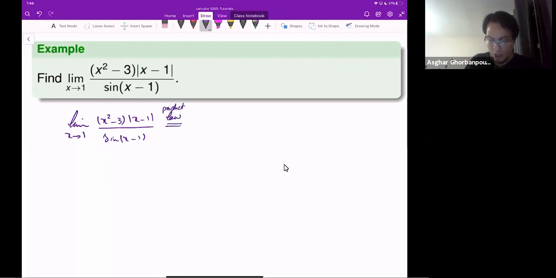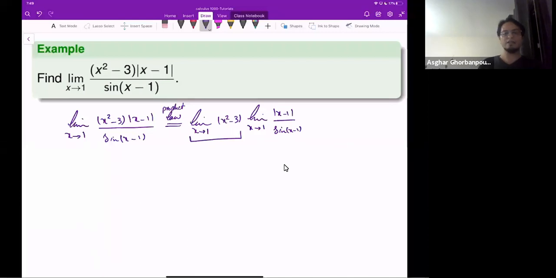hoping that this second piece also has a limit. I don't know, but I'm hoping that it will, then I can do this. Why am I separating this piece here? Because I know how to evaluate this one.